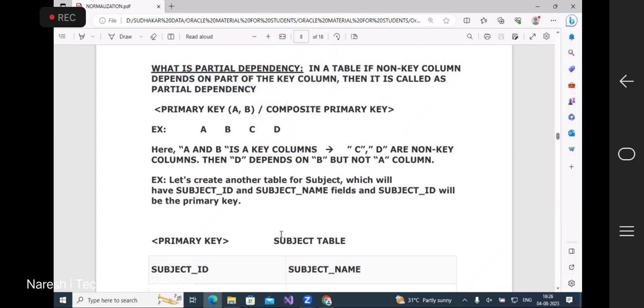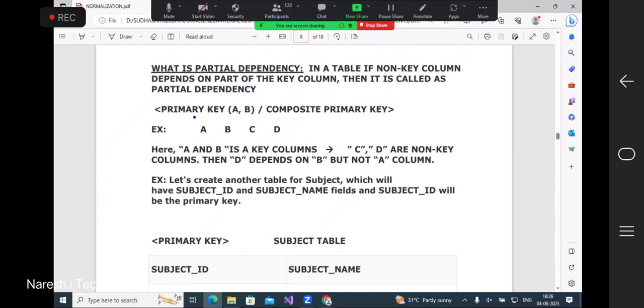So now, for example, can you see there are a total of 4 columns I designed here. Out of 4 columns, can you observe my columns A comma B? I applied what now? Primary key.